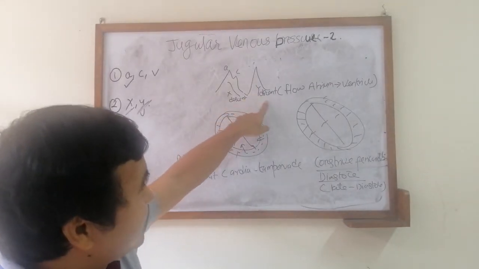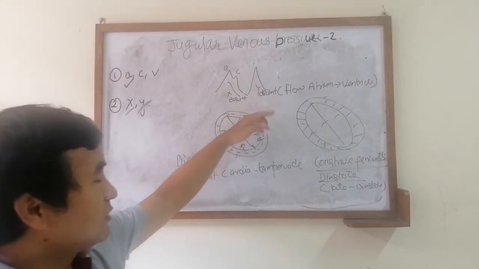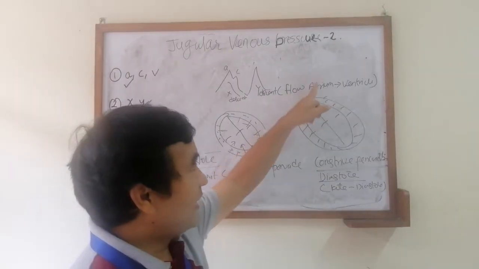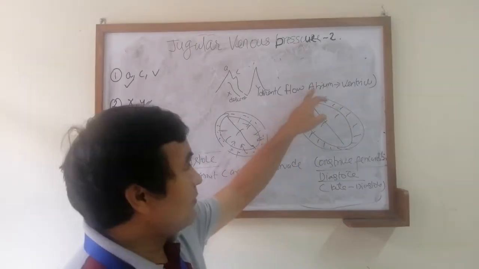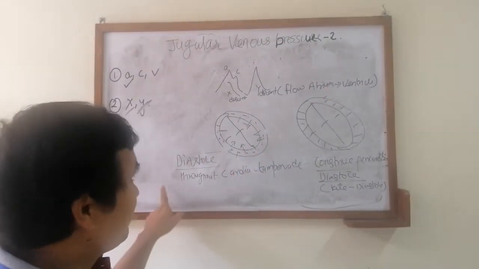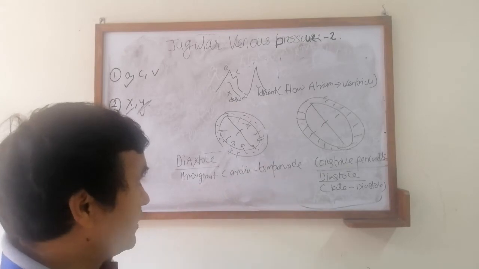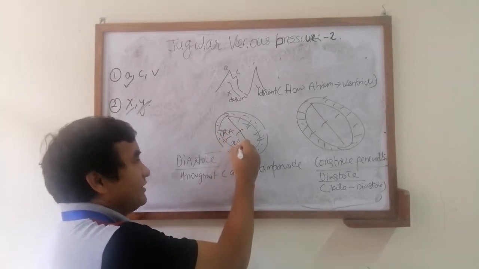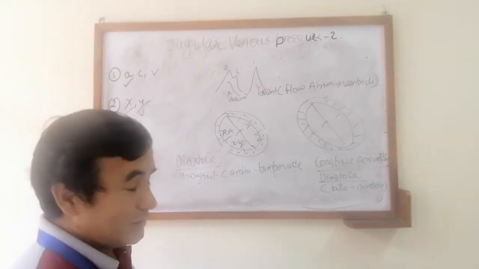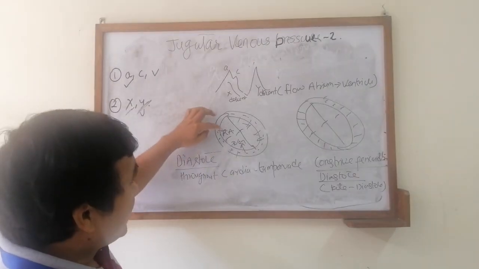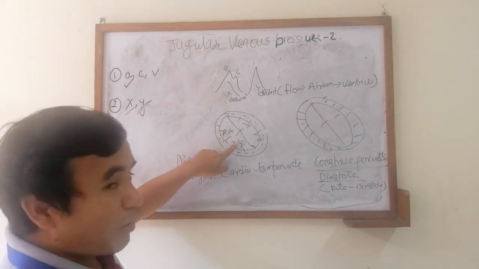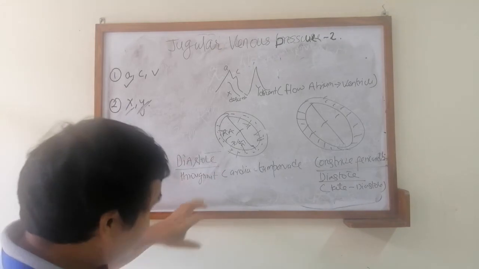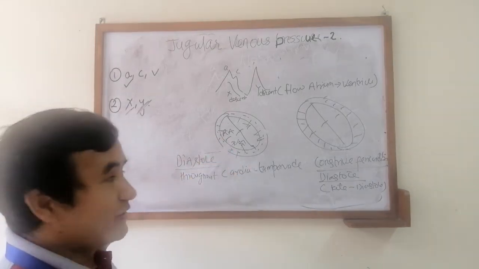Then what about the Y descent? The Y descent is because after the tricuspid valve opens, blood flows from atrium to the ventricle. Then what happens in case of cardiac tamponade? Do you think blood can flow from right atrium to the ventricle in a case of cardiac tamponade? Blood cannot flow from right atrium to ventricle properly, because cardiac tamponade is exerting the pressure from outside onto the ventricles.